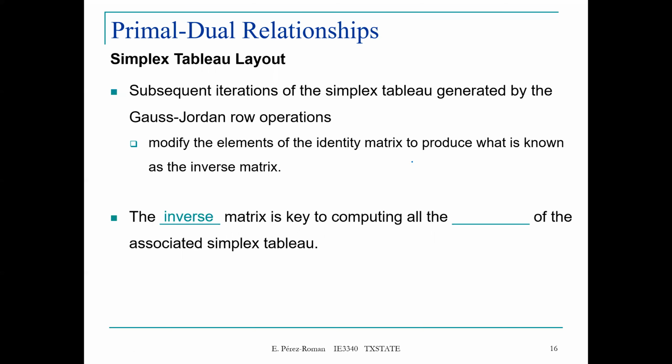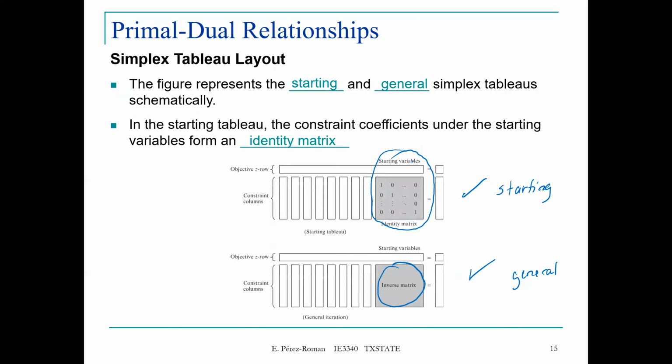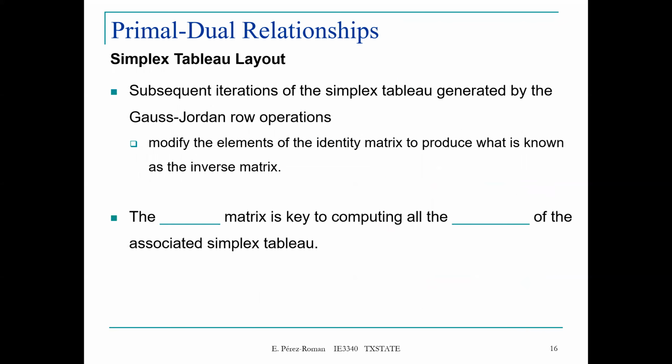So if after each iteration we keep following the area where the starting variables were, then that area is going to provide us with the inverse matrix. The inverse matrix is key to computing all the elements of the associated simplex tableau.